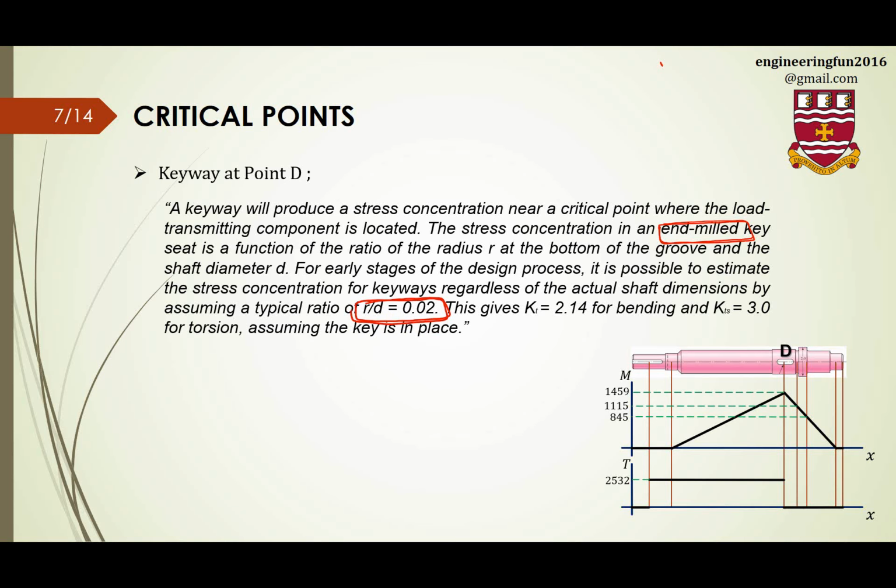This gives KT, theoretical stress concentration, 2.14 for bending, and KTS, theoretical stress concentration for shear, 3 for torsion, assuming the key is in place. So based on this assumption, r over d is 2% for a typical end milled keyseat cutter.